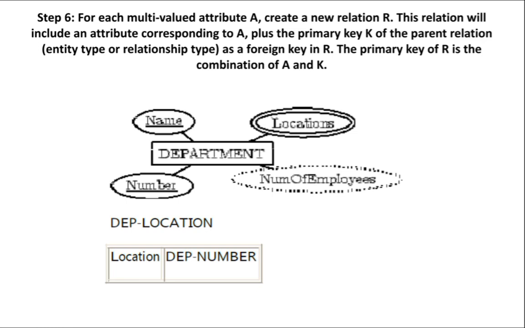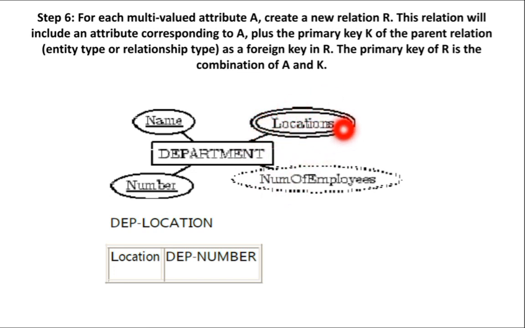This relation includes an attribute corresponding to A plus the primary key of the parent relation. For example, see here. The multi-valued attribute is locations, because department can have locations in different places. See what I did?